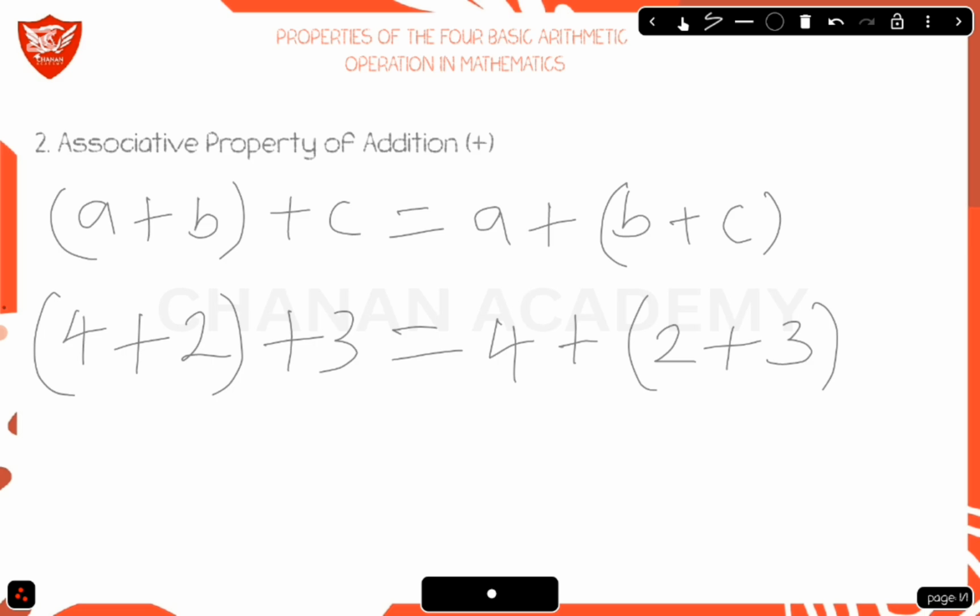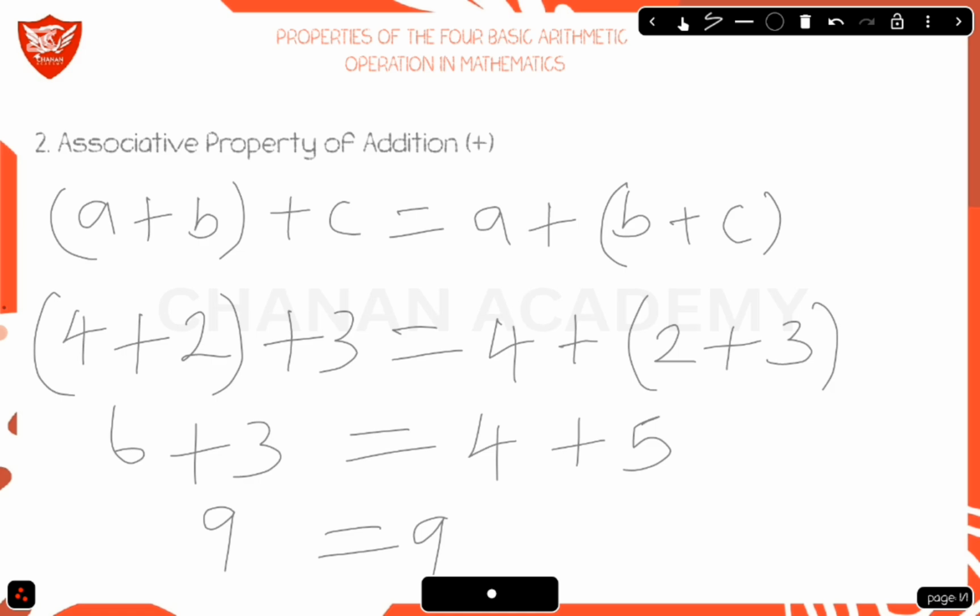So 4 plus 2 is 6, plus 3. And 4 plus (2 plus 3), which is 5. So 6 plus 3, the result is 9. 4 plus 5, the result is 9. So the left hand side is equal to the right hand side. So addition is associative. It has an associative property.